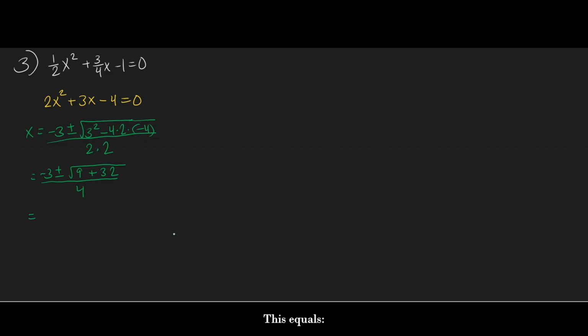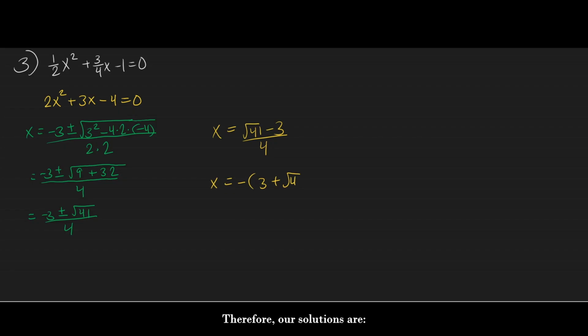This equals negative 3 plus or minus the square root of 41 divided by 4. Therefore, our solutions are x equals the square root of 41 minus 3 divided by 4, and x equals negative 3 plus the square root of 41 divided by 4.